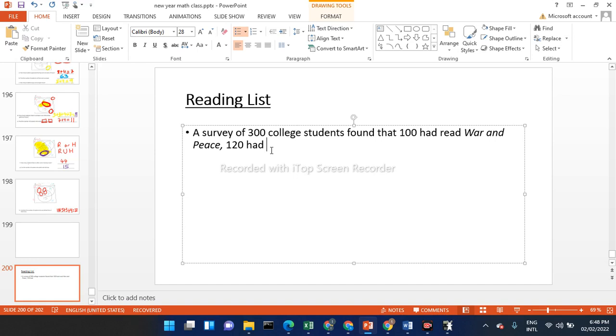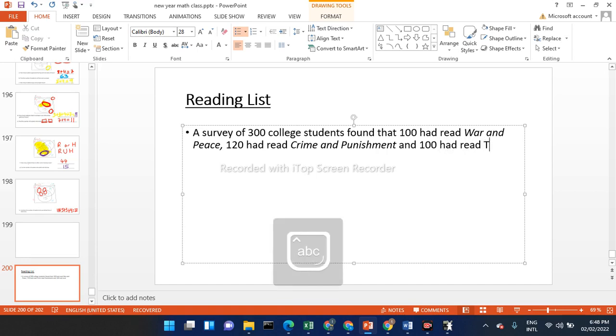I just have my own reservations for fiction books, but fiction could do the same. 120 had read Crime and Punishment, and 100 had read The Brothers Karamazov.